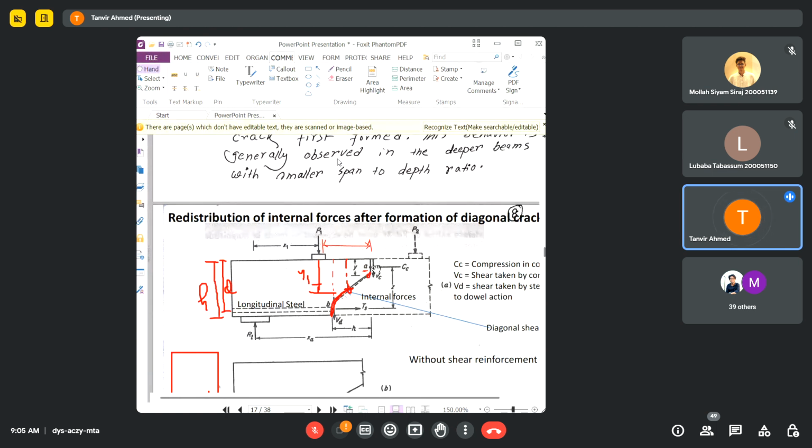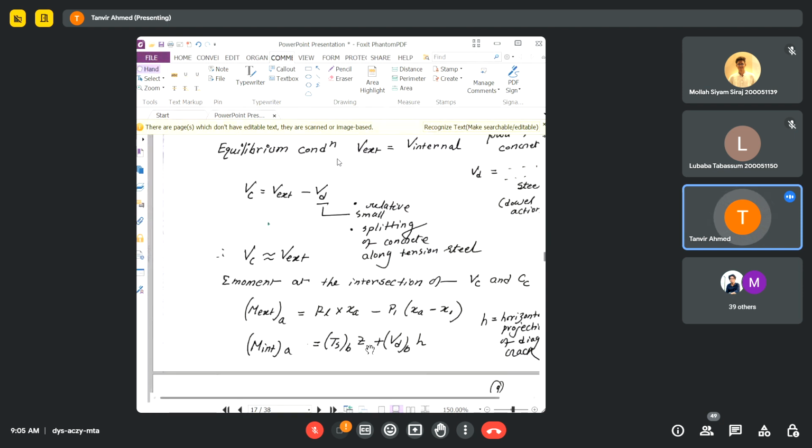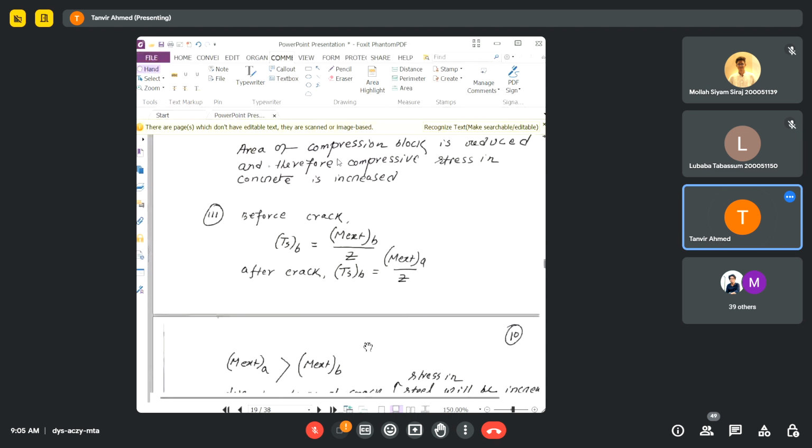So যদি মোমেন্টের ভ্যালুটা লার্জ হয়ে যায় তাহলে আমার এখানে দেখো TS যখন আমার ক্র্যাক করছে, when the crack already formed, the value of TSB will be equal to M external at point A, right?